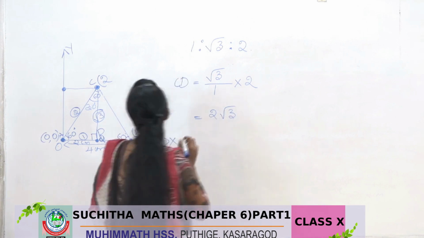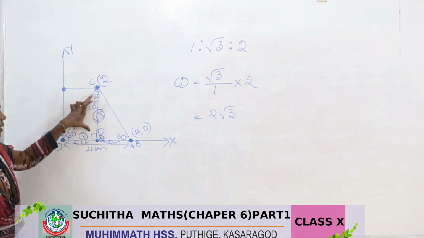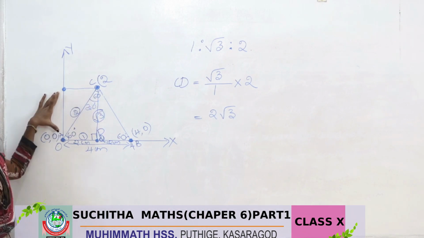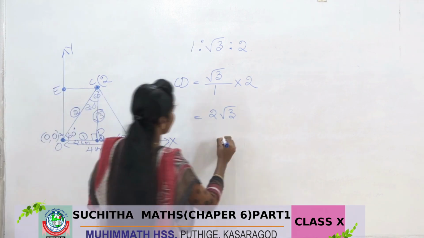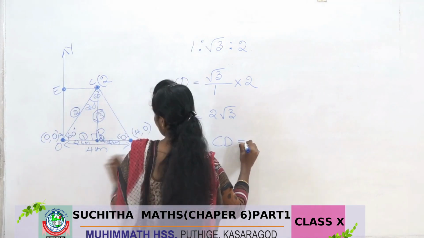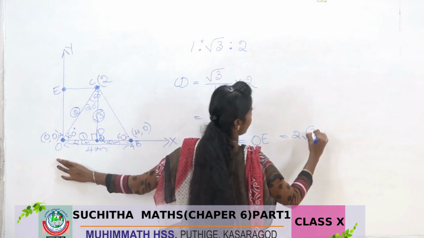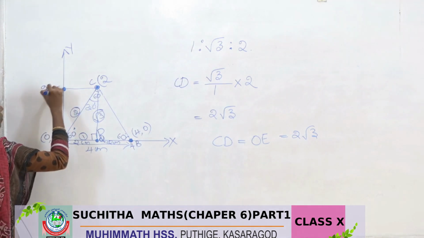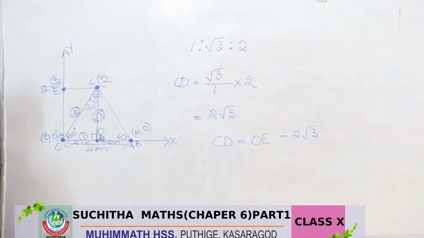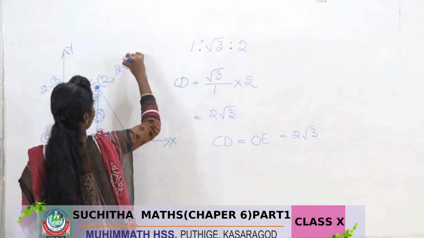That is, length of CD is 2 root 3 and this length is equal to this length. CD is equal to OE. That is 2 root 3. Therefore, this point is 2 root 3. Therefore, y coordinate of this point is 2 root 3.